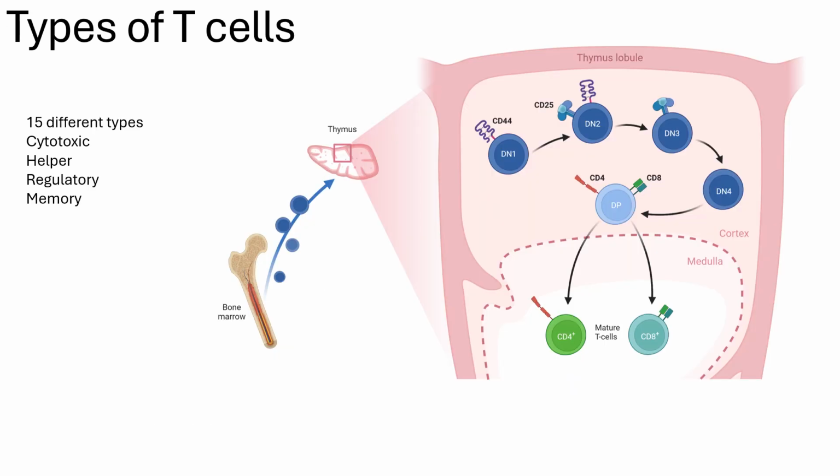T cells come in about 15 different types, I think, probably more at this point. And each of those T cells has a very distinct role. Cytotoxic T cells, which are also called CD8 T cells, attack and directly destroy infected cells, but their actions are regulated.